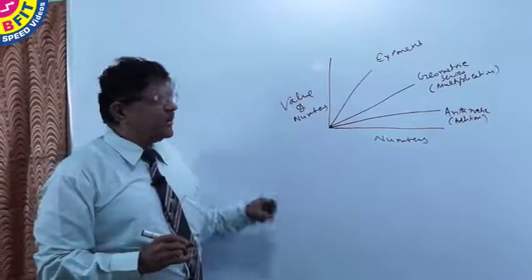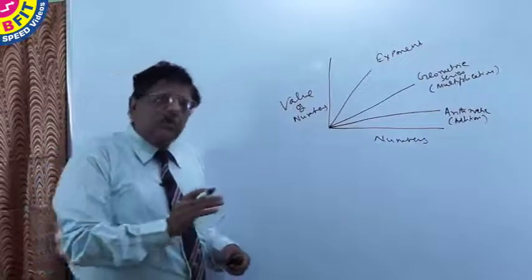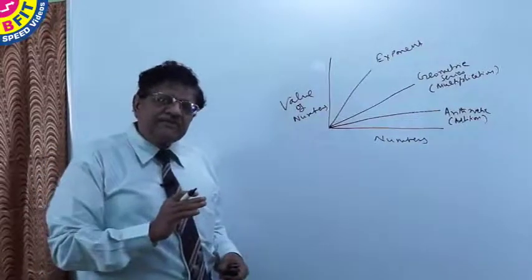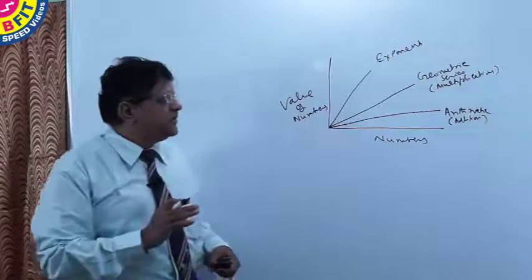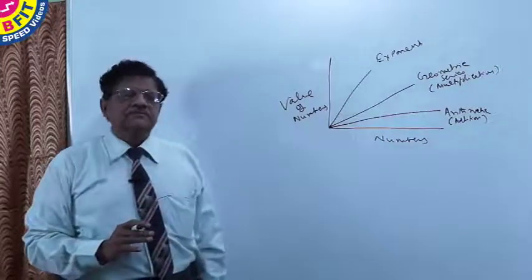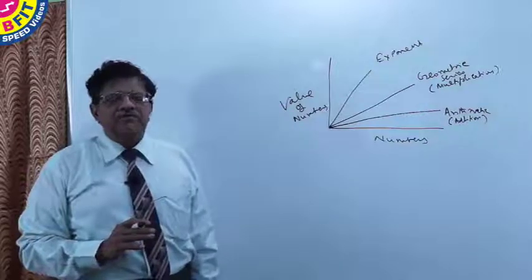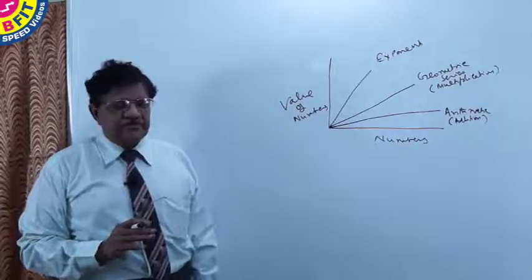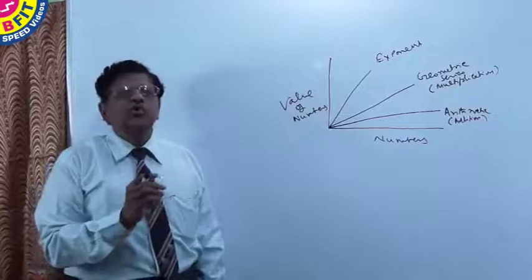So by looking at the way the numbers grow, the speed with which the numbers increase, you will be able to find out whether it involves addition, or multiplication, or exponentiation. This is a basic clue which will help you to identify.